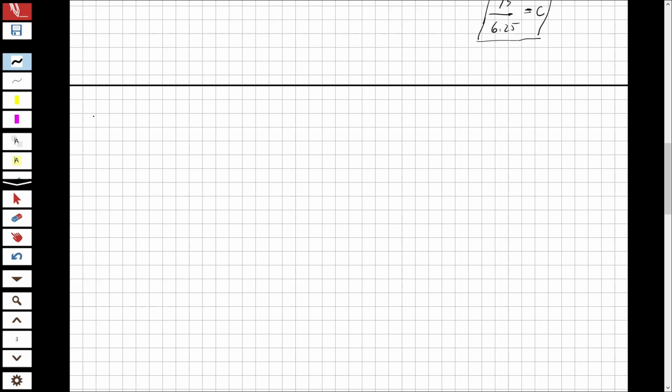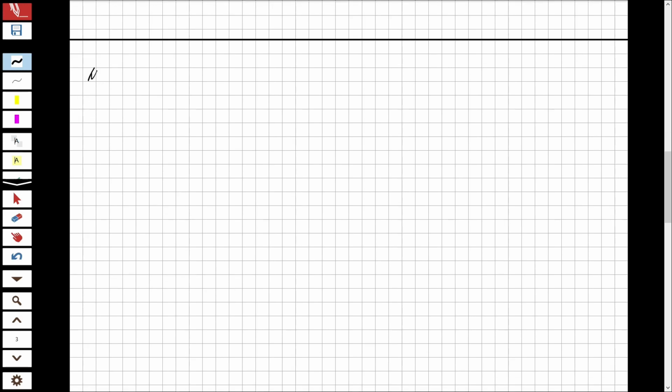For moment BA, the first moments, the first table that I calculated for the 46.28, plus that ratio 15 over 6.25 times minus 62.5 equal to minus 100 kip-feet.